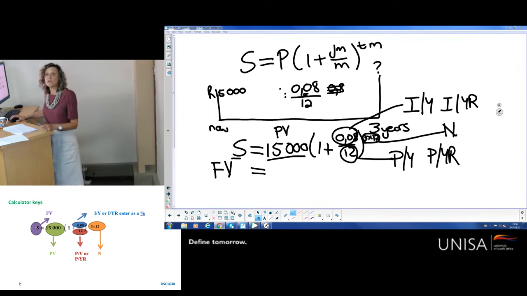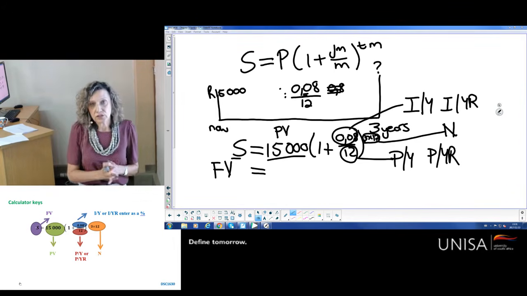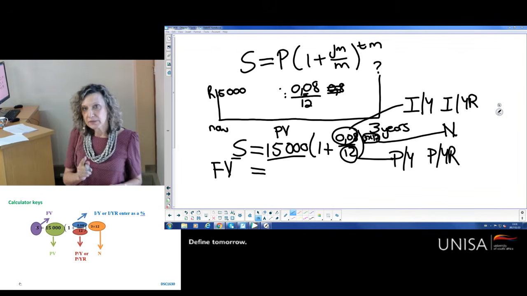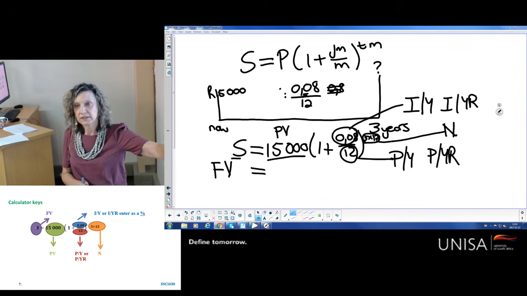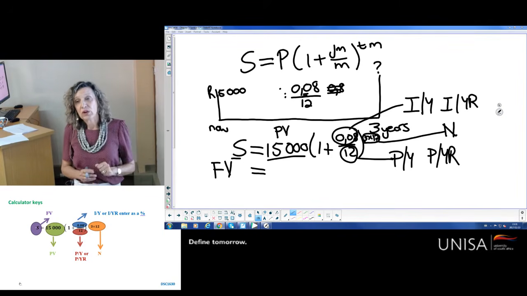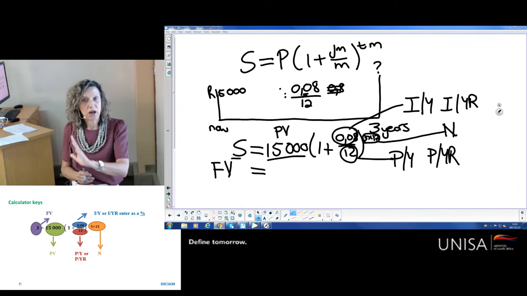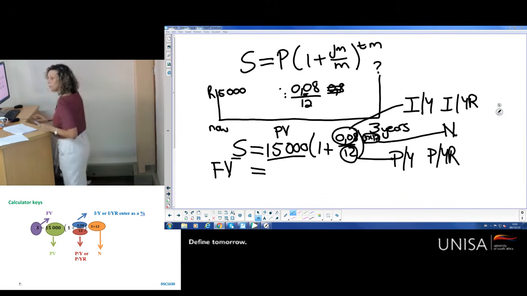S is your future value, 15 your present value, 0.08 your interest rate. Now you must just be careful. The interest rate, when you enter it in your calculator's financial mode, you use it as a percentage. When you enter it in normal mode and you do the calculation from left to right, you use your decimal as 0.08.